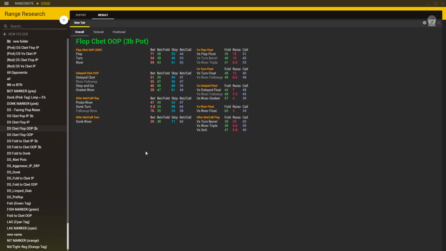It's potentially going to make more sense with complete trash to go for a delayed turn float bet in that situation, right? Whereas in a situation that's very good for us, like an ace or king high flop, villain has c-bet the flop. Now we know that we get a spike in fold equity on the direct turn float bet, so it's going to make more sense to go for the double barrel. That would be a really intelligent way of balancing up your lines, I think.